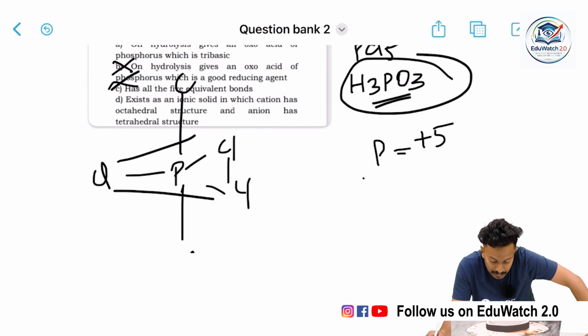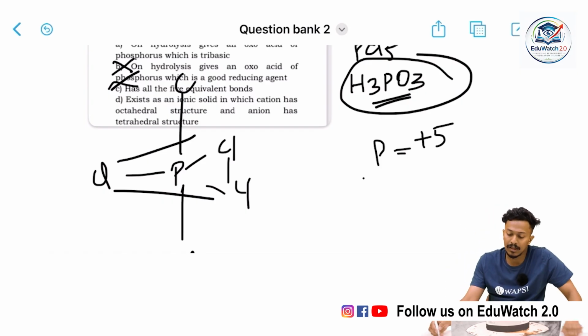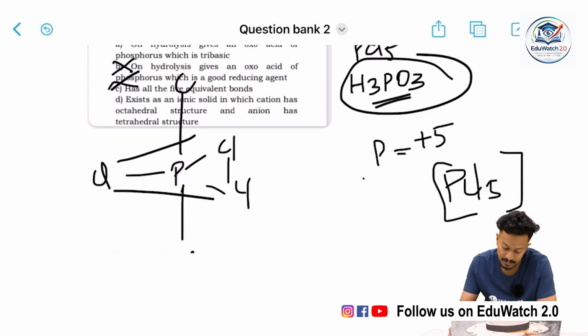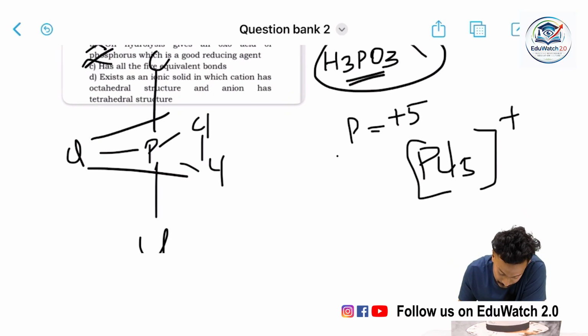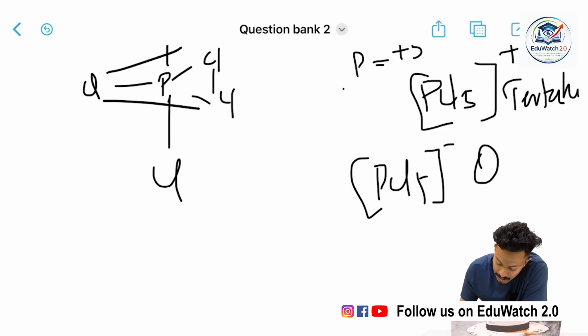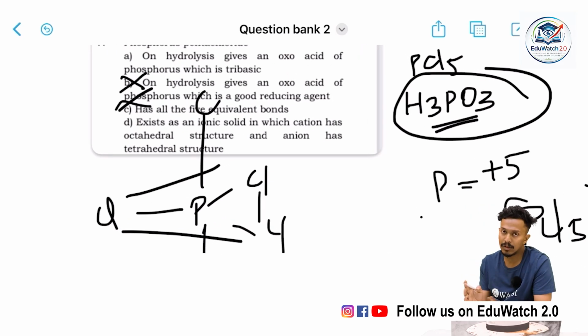Exists as an ionic solid in which cation has an octahedral structure and anion has a tetrahedral structure, right? It is completely wrong, as in solid PCl5 the cation has a tetrahedral structure and the anion has an octahedral structure. Okay. So the option here is absolutely vice versa.